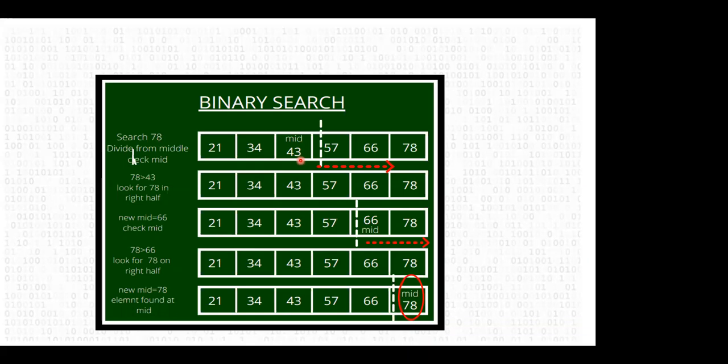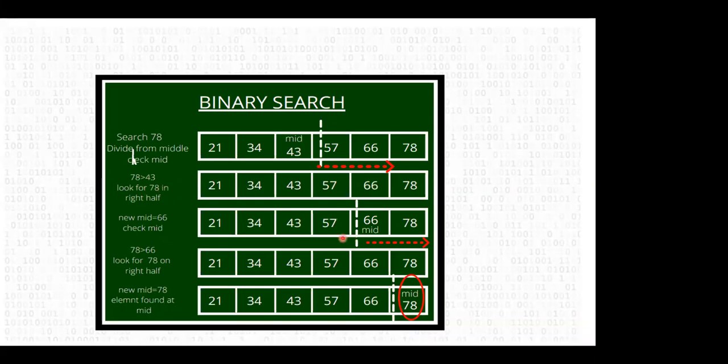So my target is definitely going to be somewhere after the mid towards the end of the array. So I move the start from here to here. Narrow down the search to check for elements only after mid to the end of the array. Here, all we need to do is look at the right half and skip the left half.